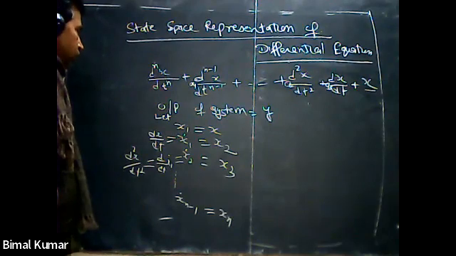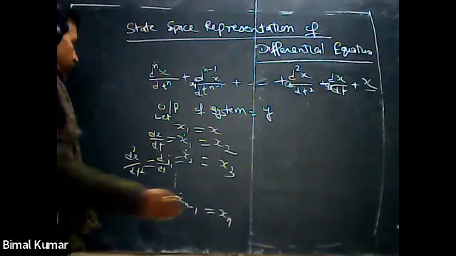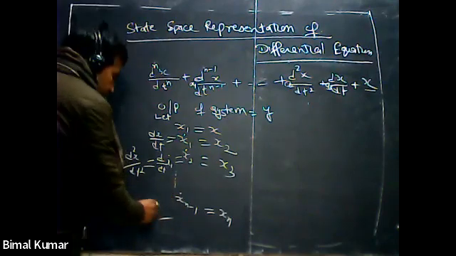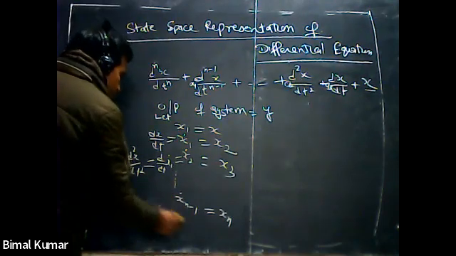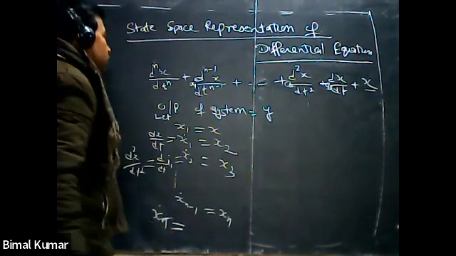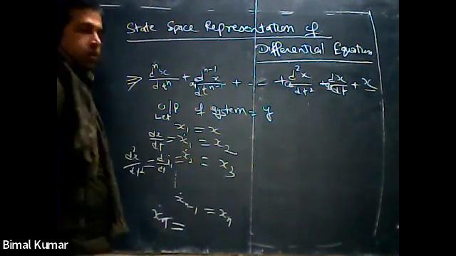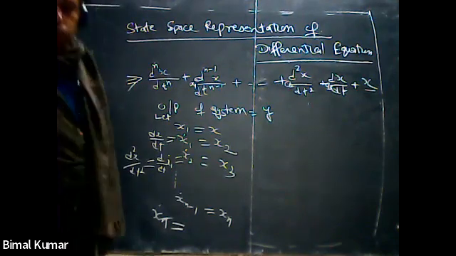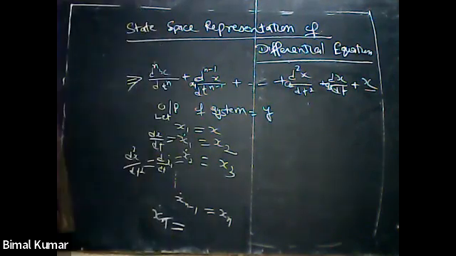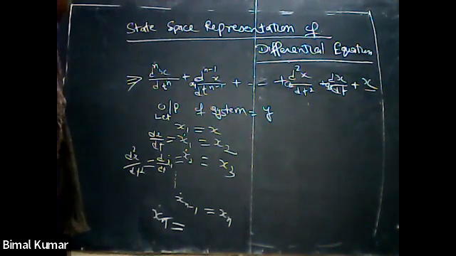And the last term, that is xn dot, will be represented from this given equation. Always the last term will be calculated from the given equation.